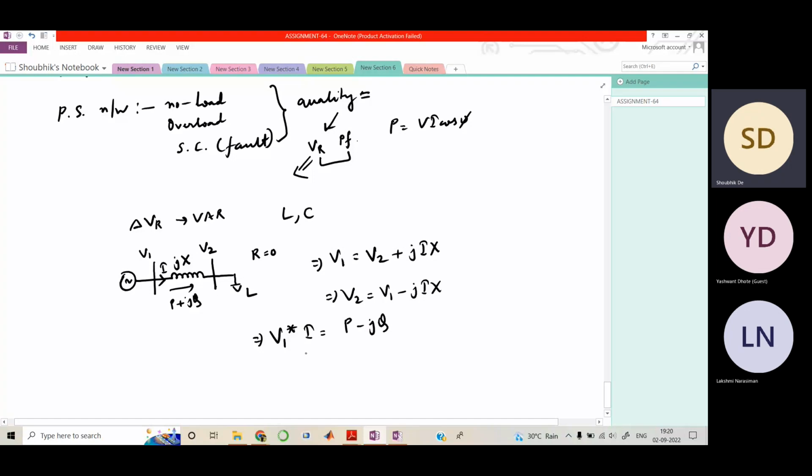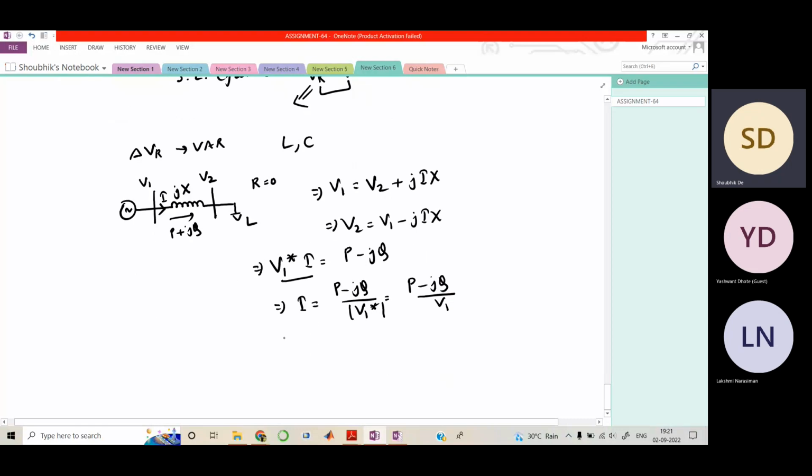Because we are considering the apparent power, and apparent power is given by this formula only. So your I would be P minus jQ by V1 star. Now if we just consider the magnitude only, we can write this as V1 only, right?